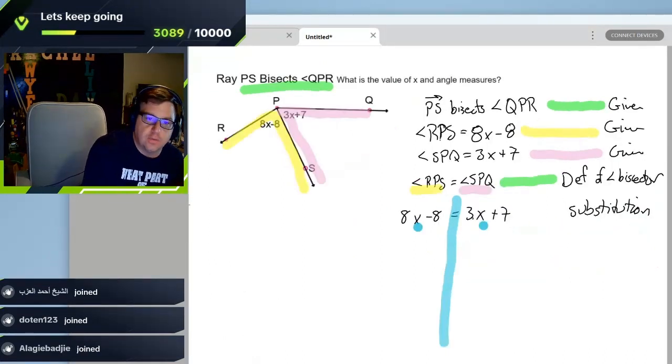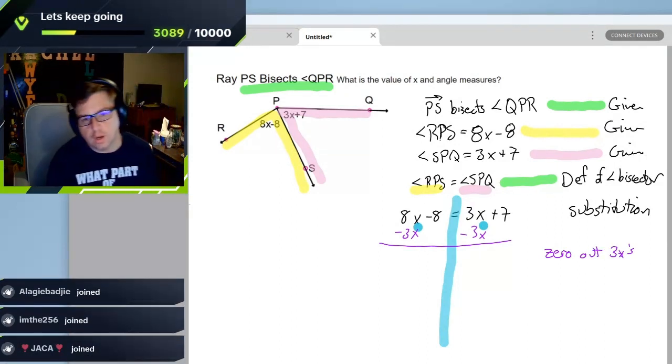That doesn't change if there's an x connected to it. If I have a positive 3x, the inverse operation is to subtract 3x. And why are we subtracting 3x from both sides? Because what does 3x take away 3x? We are zeroing out the 3x's.